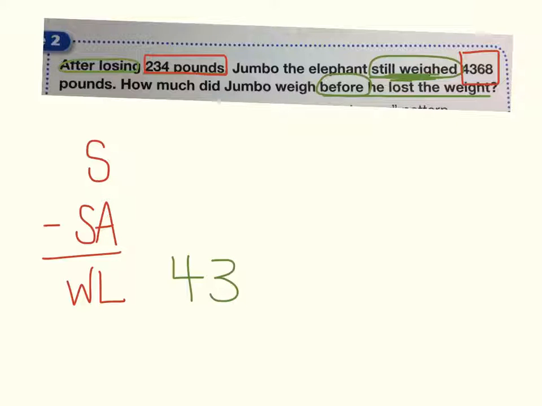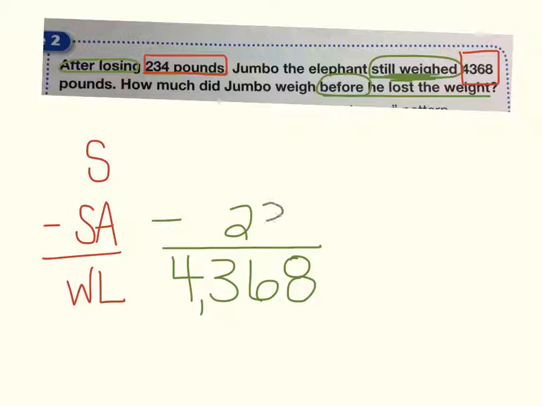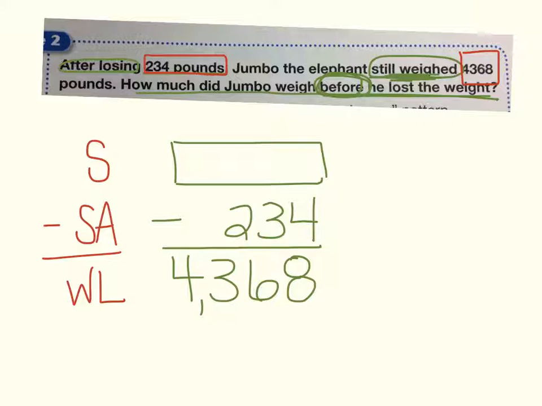Now I need to figure out the sum. He lost 234 pounds, so that is what went away, which means I don't know how much he started with. How much did Jumbo weigh before he lost the weight? That's what I'm figuring out.